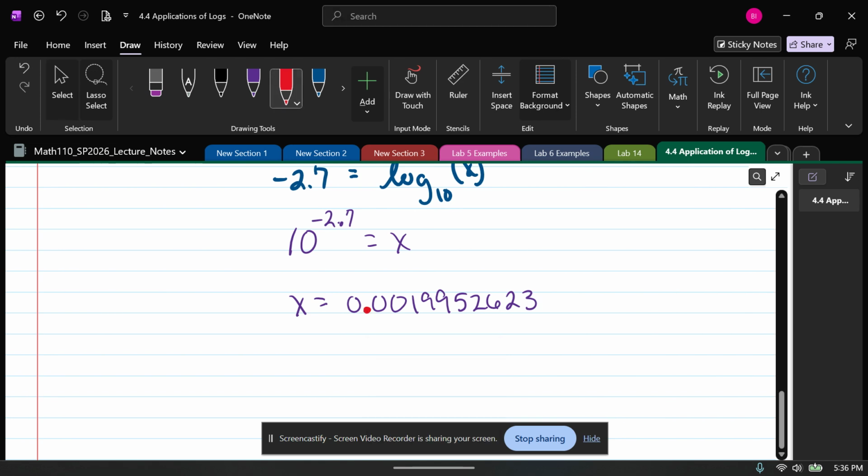So I got to move it over 1, 2, 3 times. All right. So that's going to be 1 point. And if I round that to 2 decimal places, this 5 is going to make that become a 10, which makes that become a 2. So this is really going to be 2.00 times 10 to the negative 3.